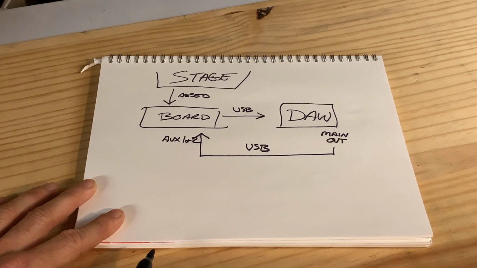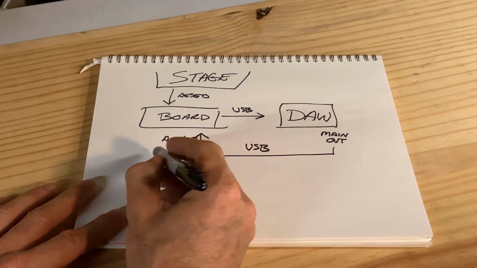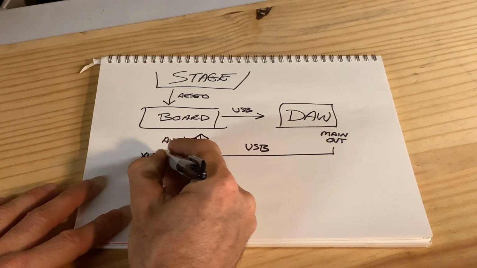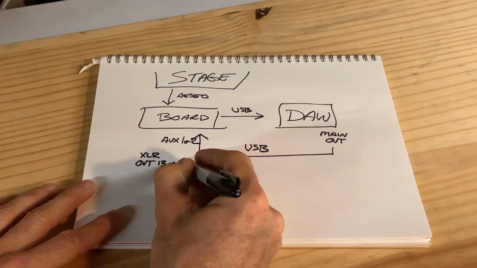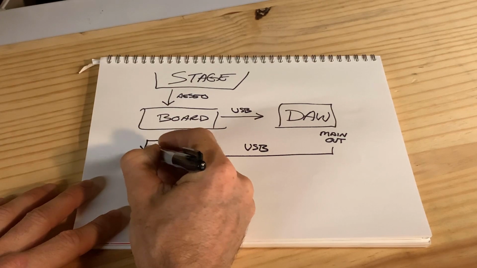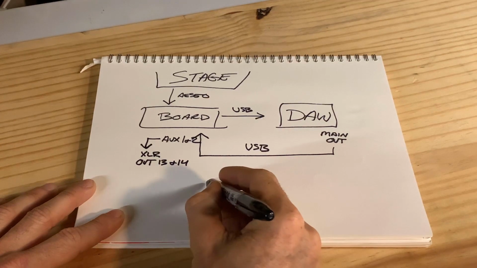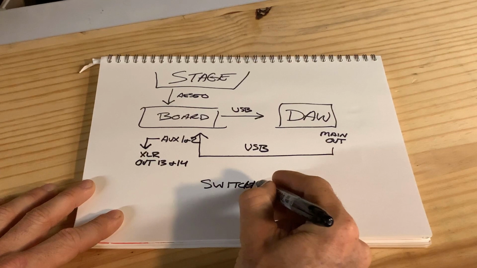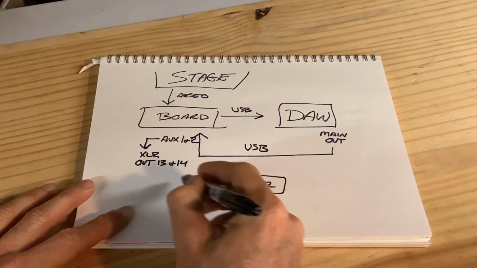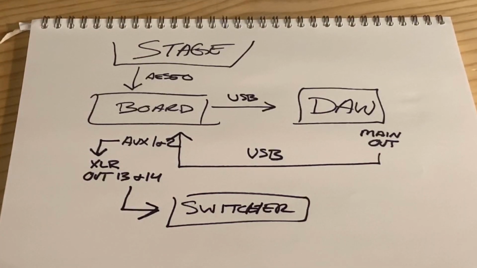And that allows us to not only visualize on the board, but also reroute, because this has to go out to some XLR outputs, which we're going to use out 13 and 14. Those will come back out of the board, and that will take it into our switcher. I can't spell this morning, but that's our switcher here for our video, and that's how the audio is going to map into our video switcher so that we can get it to our stream.